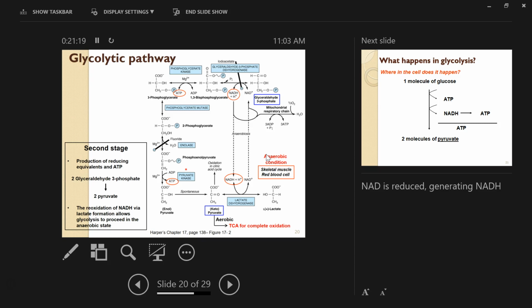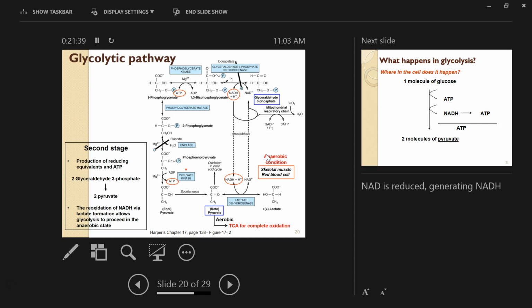Also, NADH can be generated during glycolysis, not just ATP, right? And NADH production also depends on whether it is aerobic or anaerobic condition.